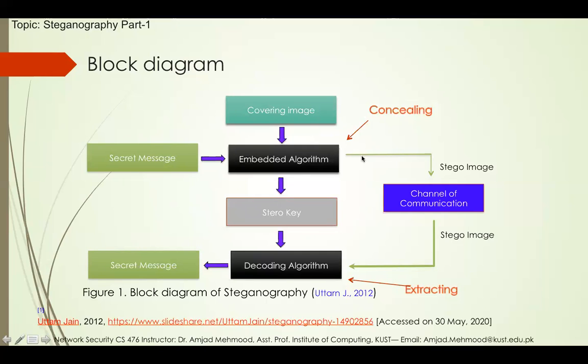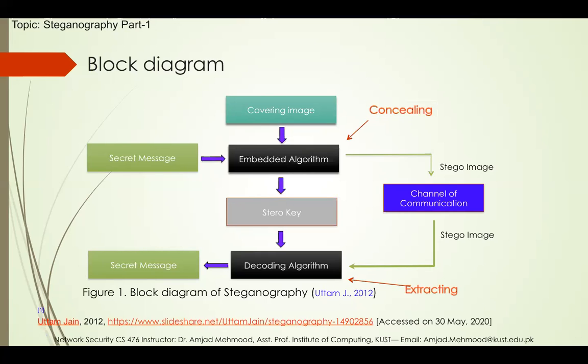The stego image will be sent over an insecure communication channel, and when it reaches the receiver, they will use that stego key and stego image to get the secret message back. This is how the operation is performed.